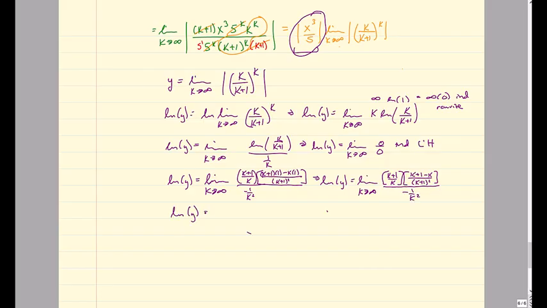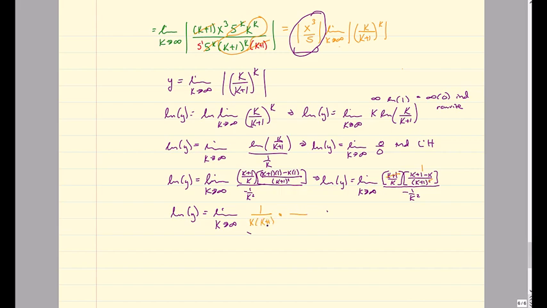The natural log of y is equal to the limit as k approaches infinity. So let's see what we have here. The k plus 1's cancel, and I'm just left with the k plus 1 here. Here I'm left with k plus 1 minus k, which is just 1. So it looks to me like I'm left with 1 over k times k plus 1.